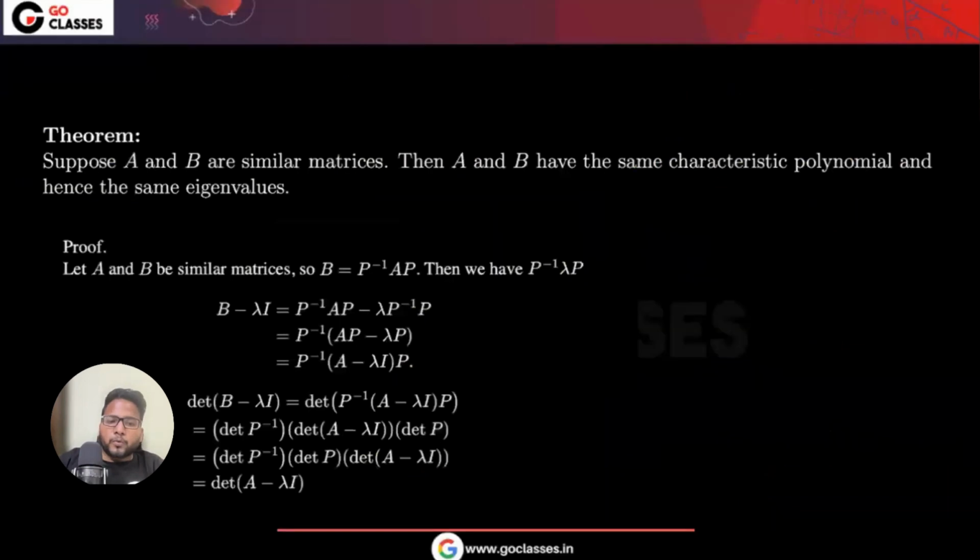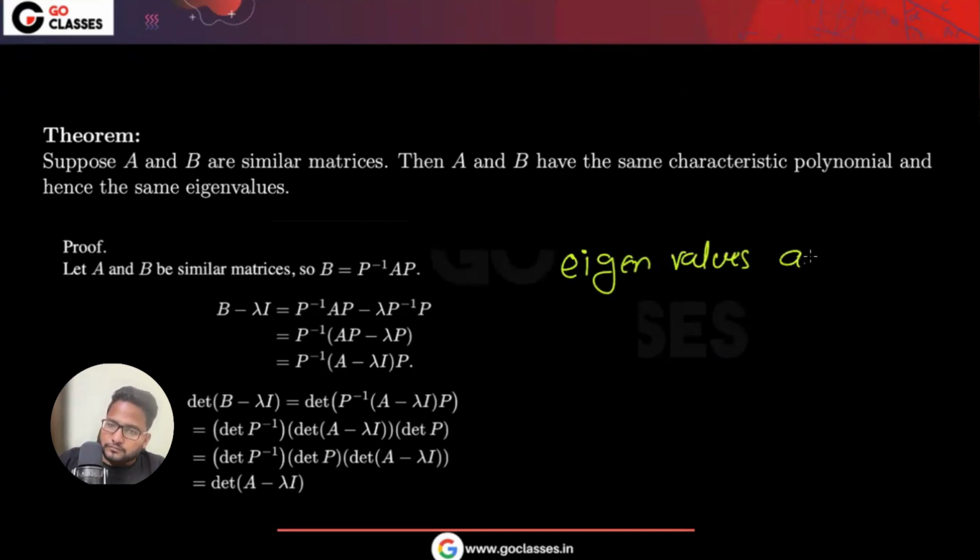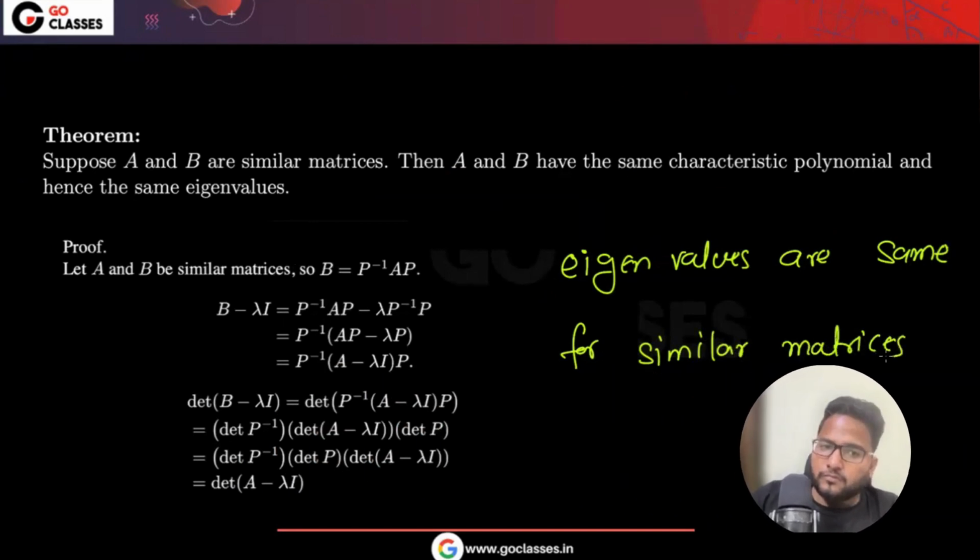You do not need to prove it again and again. Just remember this, that eigenvalues are the same for similar matrices. Got it?